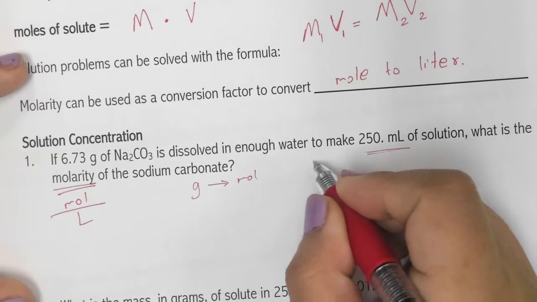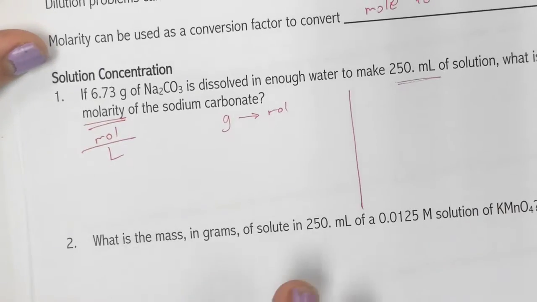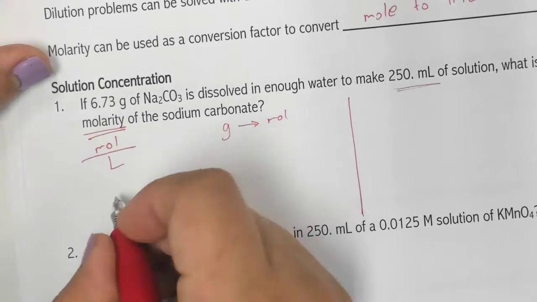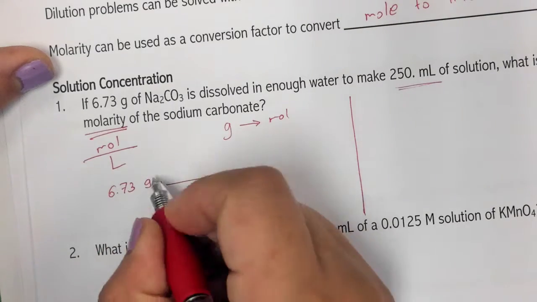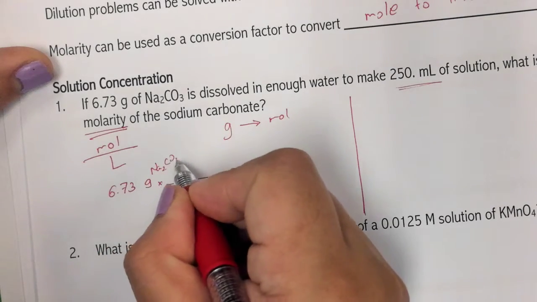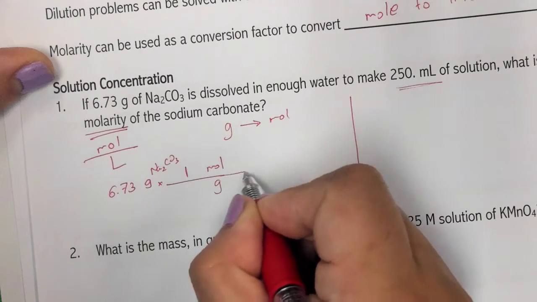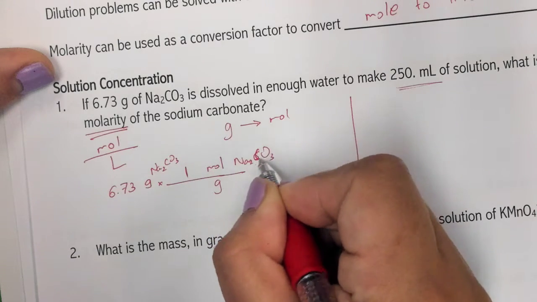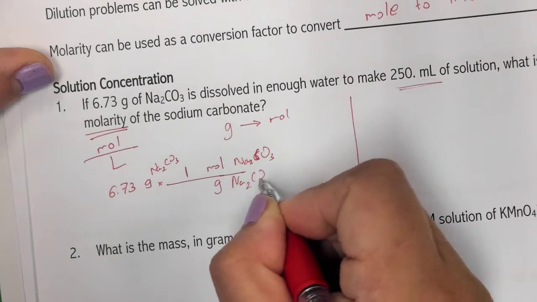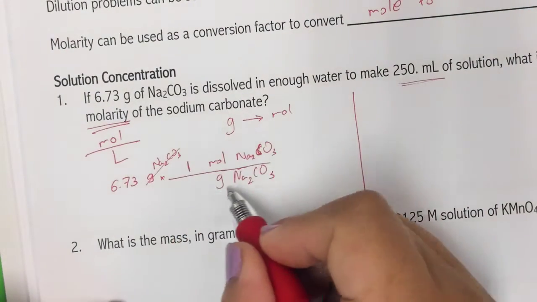Here's one way I'm going to do it. One way I like is to write everything in one line. I would say 6.73 grams Na2CO3. I don't want the grams, so gram goes on the bottom, mole goes on the top. That's 1 mole of Na2CO3. You're going to have to figure out that number. Then you'll notice my gram cancels out.